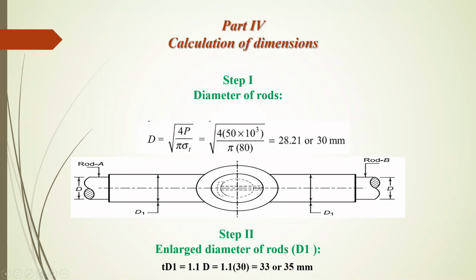We select the standard value. The standard values of diameters are given in the design data book, so we have to refer to this design data book for selection of the standard value. Instead of 28, we select 30, and instead of 33, we select 35 mm. Right. So these are step number 1 and step number 2 to calculate the diameter of rods.